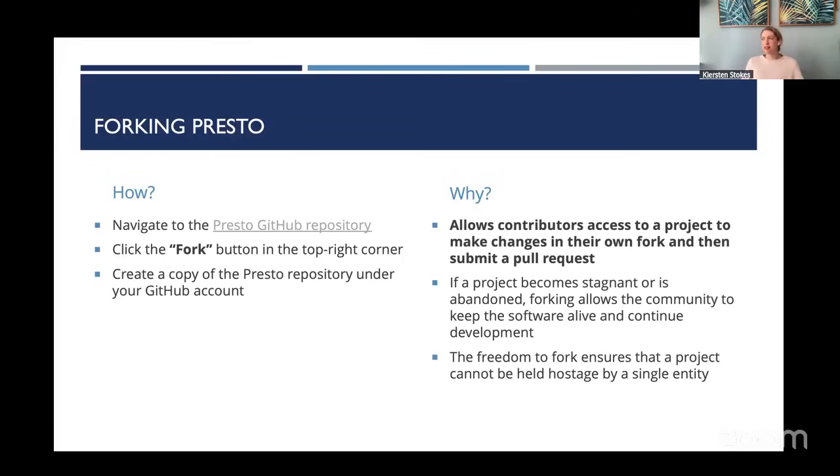It prevents a single entity from taking over control of a single project. It prevents the project from being abandoned completely if one of the forks or the original goes stagnant, things like that. But overall, the simplest answer is it's just the way we do it in open source, and it's the easiest way to set up that pull request flow.